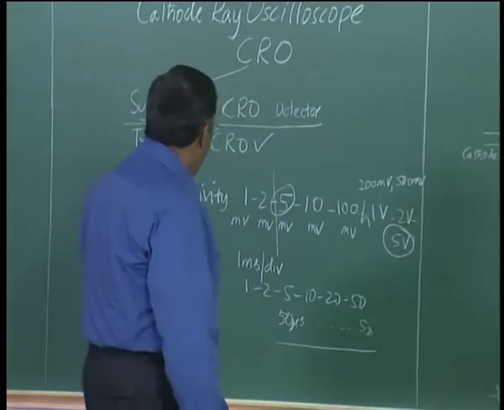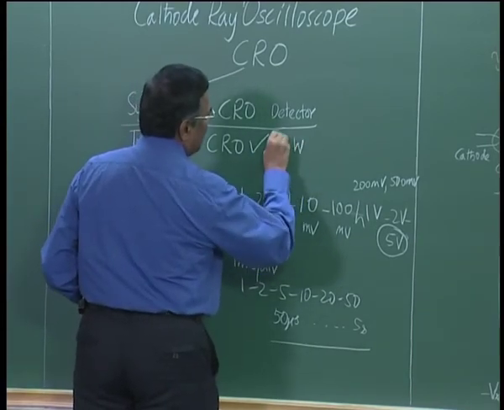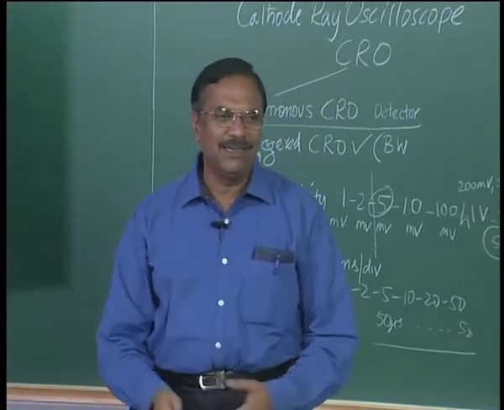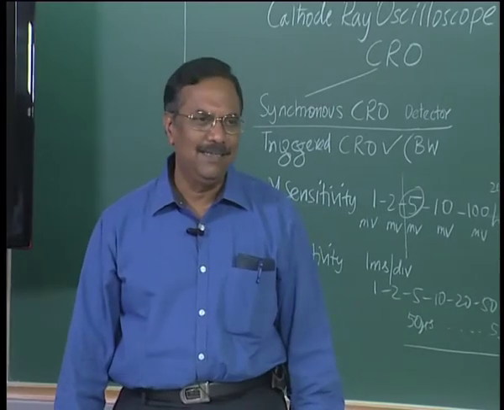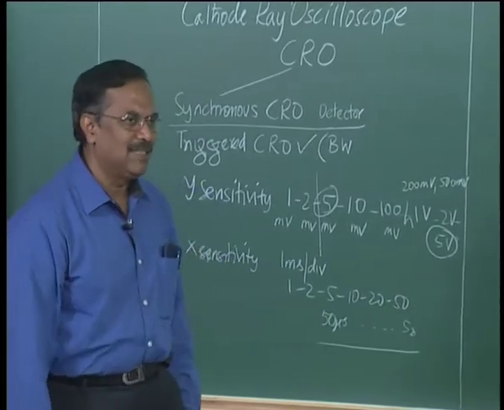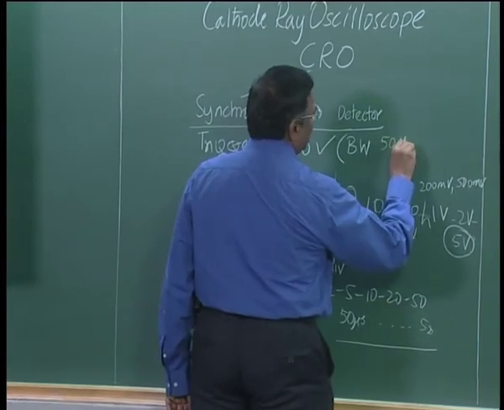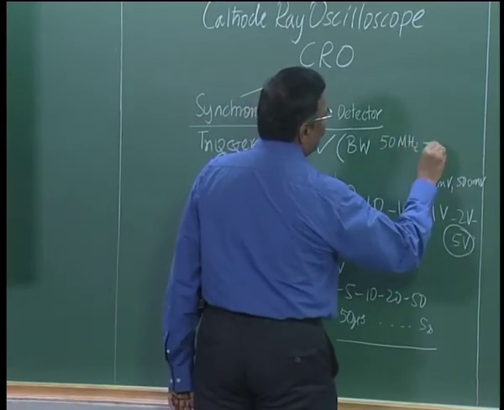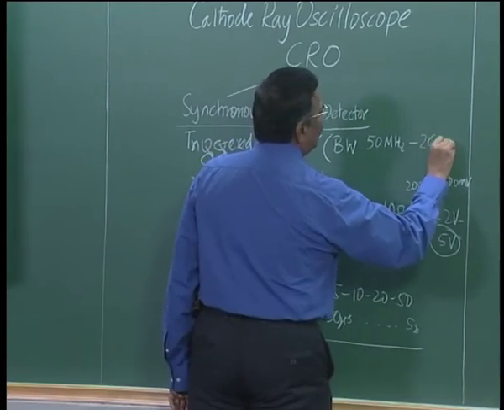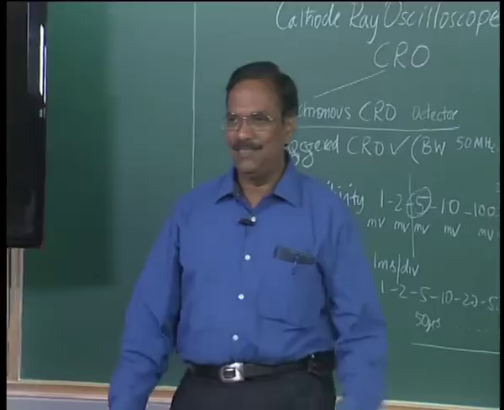So, we have the triggered CRO having a bandwidth. Typical examples are 50 megahertz, 60 megahertz is the lowest that you would get today, which can go all the way up to 2 gigahertz bandwidth. Today CROs you can buy, not the analog CRO, at least the digital CRO, up to 2 gigahertz.